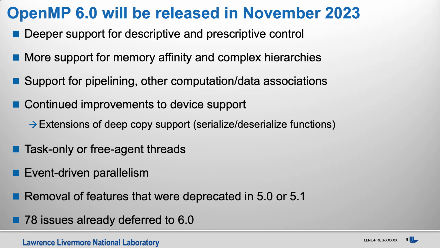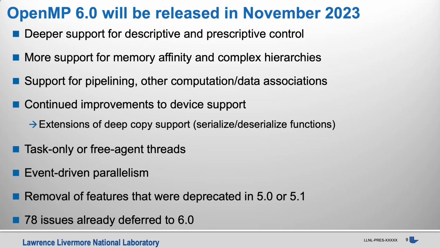We will definitely continue to improve device support and support for heterogeneous node architectures. We are looking at extensions, for example, to the deep copy support that's provided by the declare mapper directive through allowing things like the specification of serialized and deserialized functions.